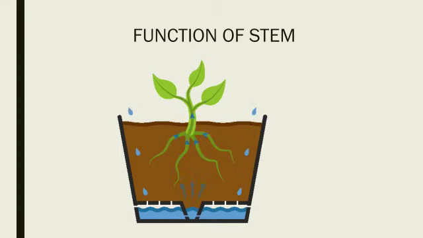Now let us learn the function of stem. The stem gives support to the plant above the ground, and also the water taken by the root of the plant travels to the leaves through the stem. This water is used by the leaves to prepare the food.